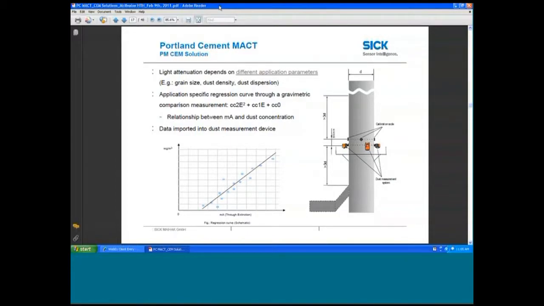But of course, the light scattered and the light attenuation depend on different parameters like size and density and things like that. And so the regression curve that we talked about, we have to develop as part of the initial correlation audit, becomes a key component to PM SEMS accuracy and long-term stability. Next slide.